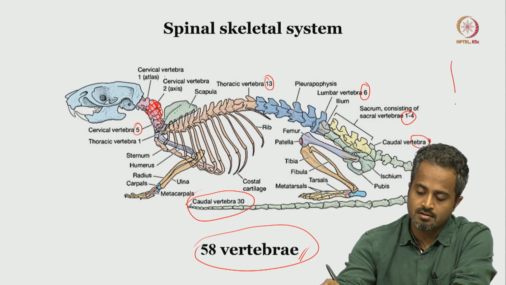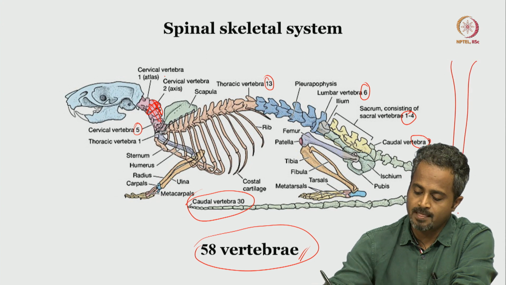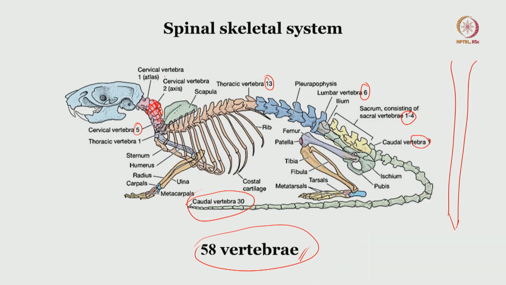For example, if this is the spinal cord, it is not really uniformly smooth inside the vertebral canal. You will see a lot of spinal roots which exit from each of these spinal cord sections.